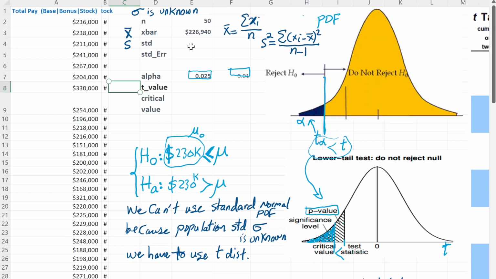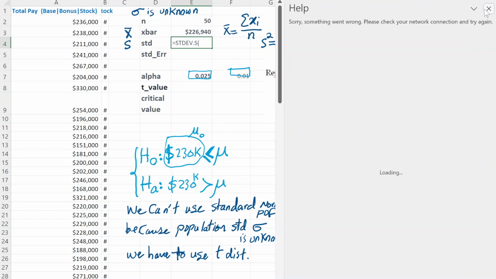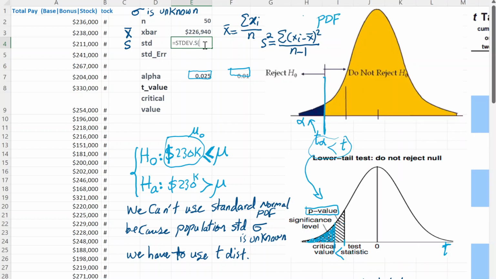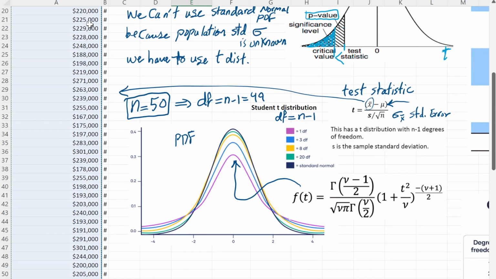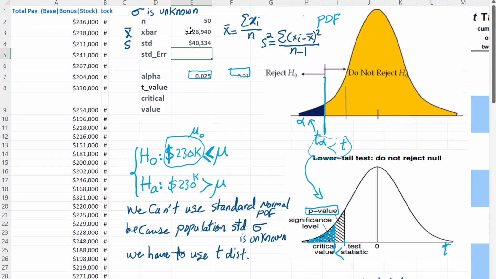In Excel there is STDEV.S for standard deviation of a sample, so I'm going to run that function across this data set. And we found S, the sample standard deviation, to be about $40,000.